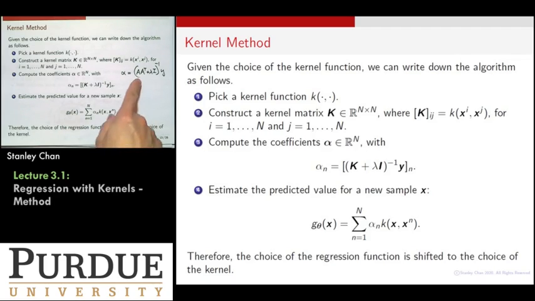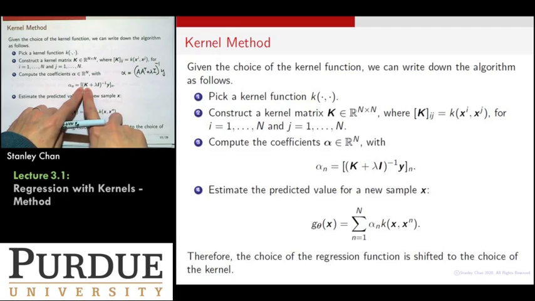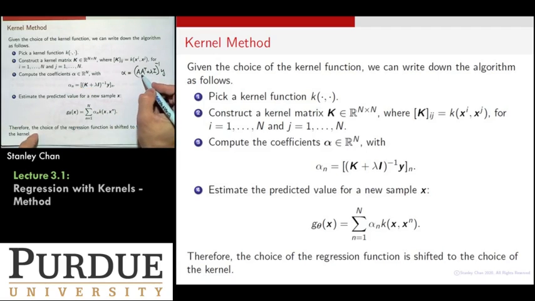Well, A contains all the rows of your data point. If you do AA transpose, you're doing the inner product between pairwise data points, right? You take a pair of data points, you take the inner product, that would be the AA transpose. Now, if I replace that AA transpose, all the inner products by the kernel, that would be the K matrix.